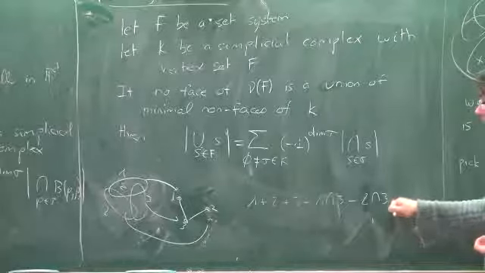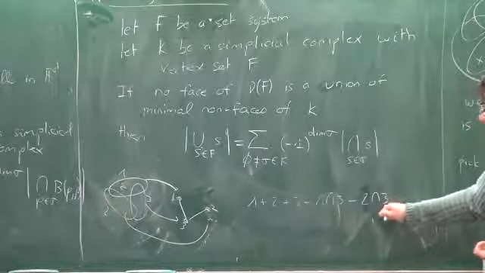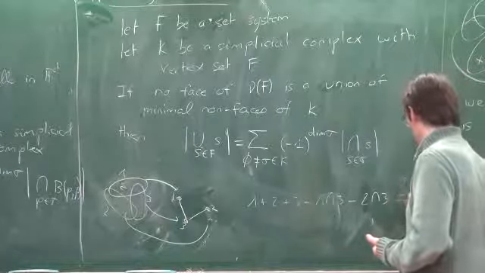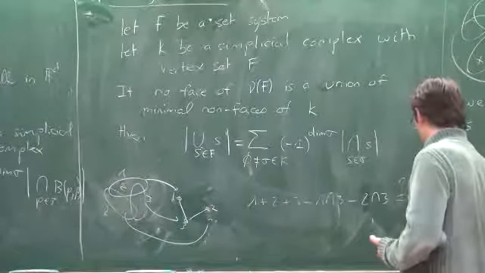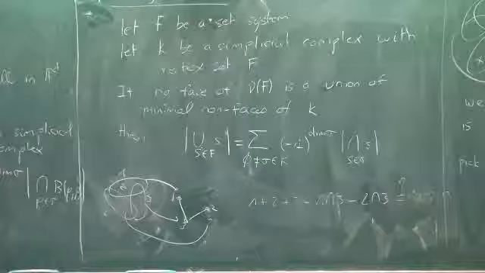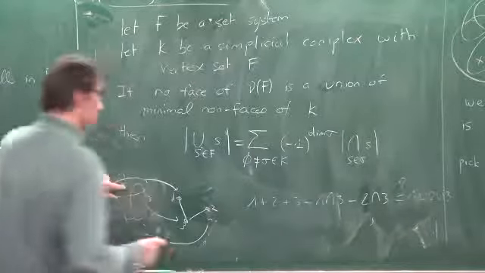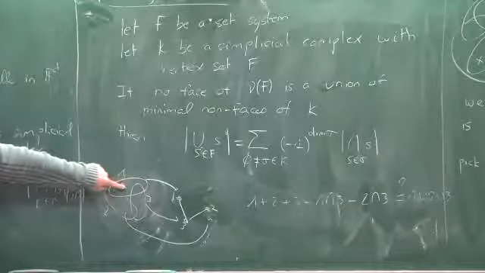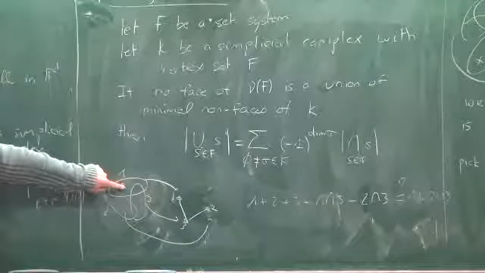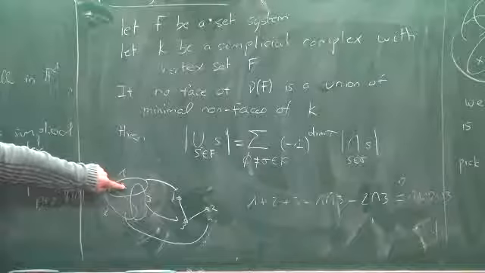Okay, and the question is, is this formula equal to 1 union 2 union 3? So what we can do is pick every region and check that the formula is correct over that region. So inclusion-exclusion is when K is the full simplex. Exactly.